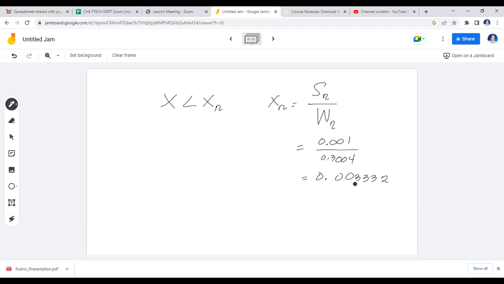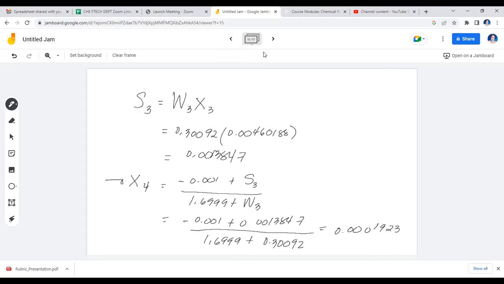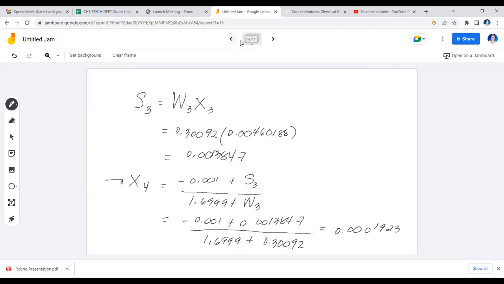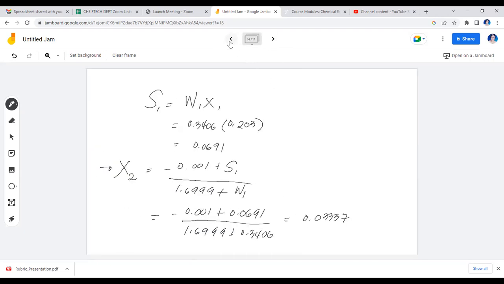So you have 0.003332. Now, in this case, our X sub 4 is this one, 0.001923. This is less than 0.003332. We did not stop at 3 because it's still 0.004. We did not stop at 2 because it's 0.03.